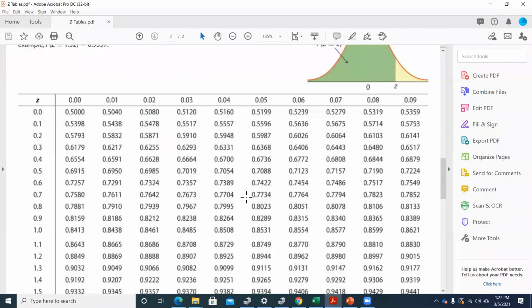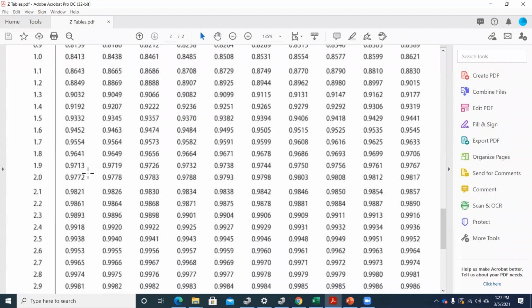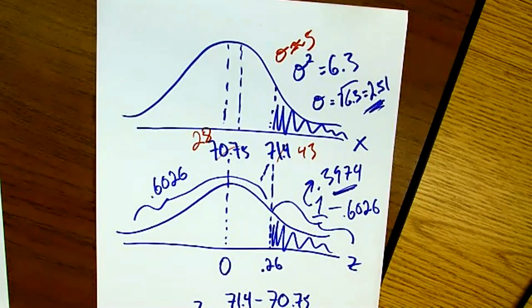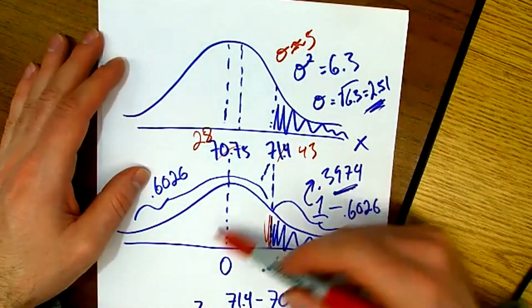Sure enough, if we look this up, 2.73, 0.9968. Well, that's the area to the left. I want the area to the right, the probability of being greater than that. Similar to what we had before, we had about 0.99 to the left.